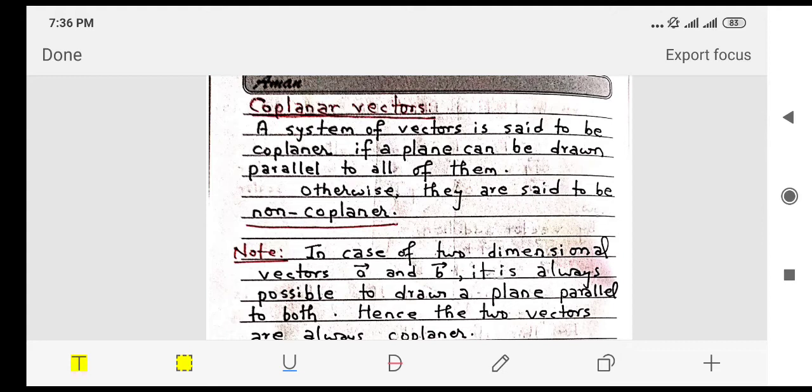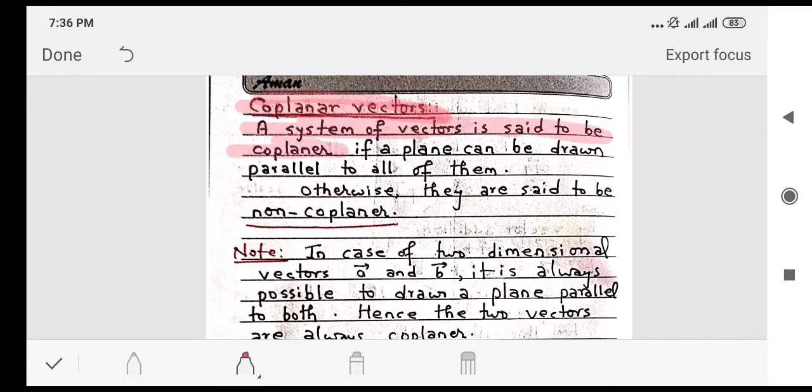Now after this, let us learn about coplanar vectors. A system of vectors is said to be coplanar if a plane can be drawn parallel to all of them. So if we have two vectors, vector a and vector b, and we can draw a plane parallel to those two vectors, then those vectors are called coplanar vectors.